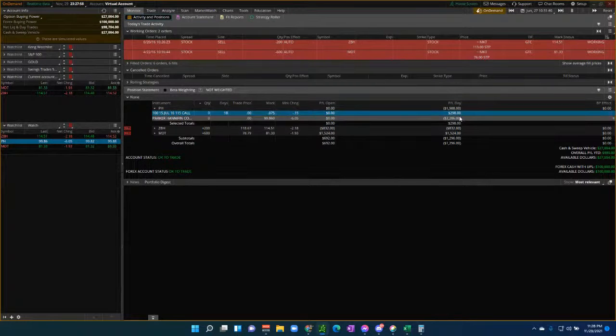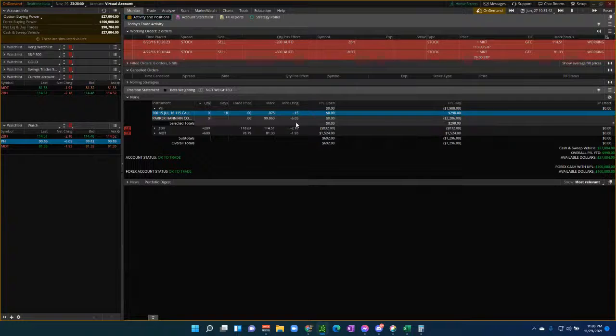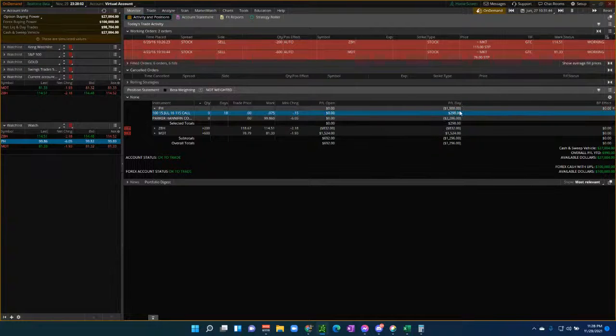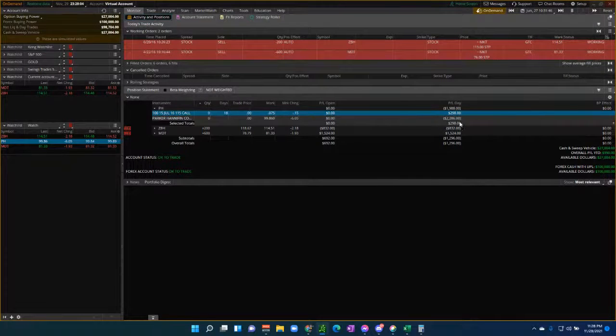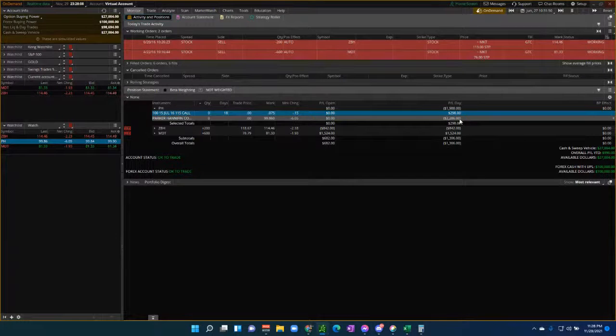So having a covered call does help us eliminate some of the risk. If we didn't have that, we would have taken the full loss of $2,000. But having that stop order in place, or having that covered call in, we take about $300 off of it.